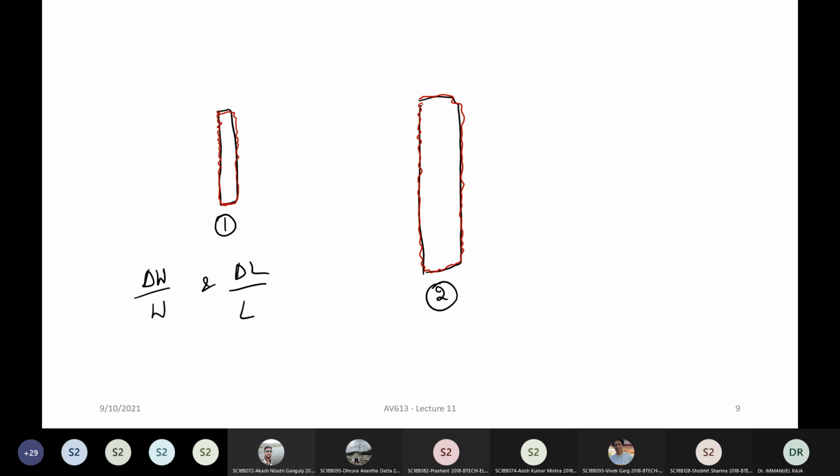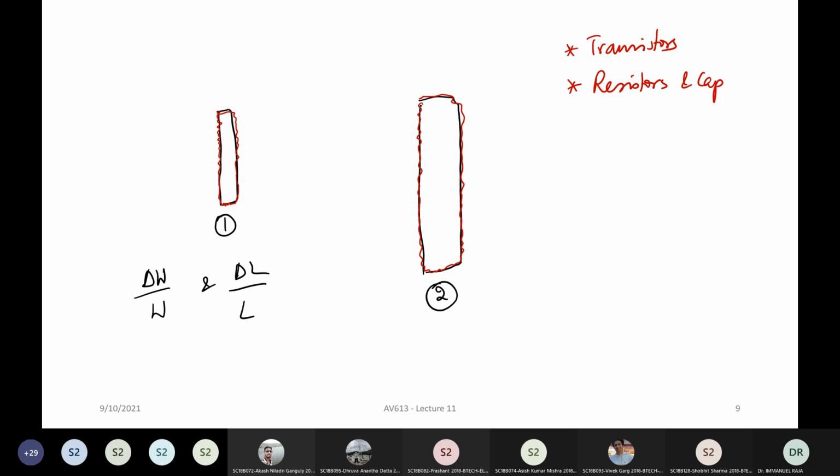We can expect that as the area of your device goes up, the variation comes down. Now this is true not only for transistors, this is true for resistors and capacitors also. Now we saw how resistors can be implemented.